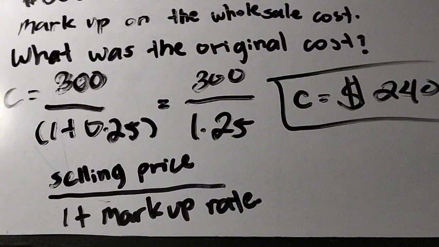So the constant here is 1, meaning it's always in the formula. You have to add it to the percentage, which you have already turned into 0.25, or you've already converted it into decimal. And so we get 300 over 1.25, which will equate to $240.